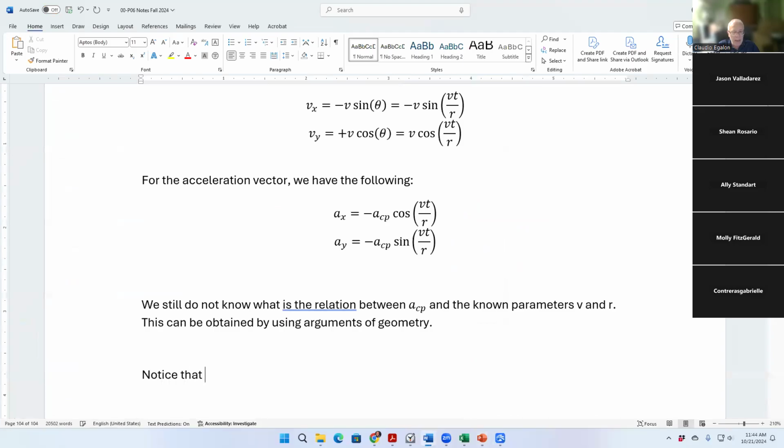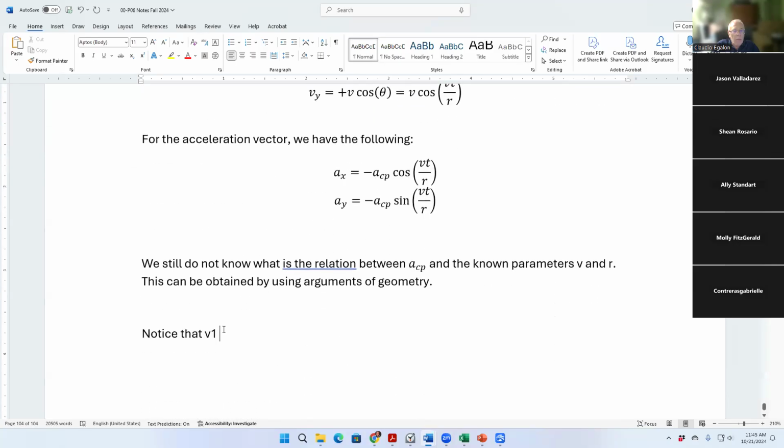Note that V1 and V2 vectors form a triangle that is similar to the triangle formed by R1 and R2 vectors.